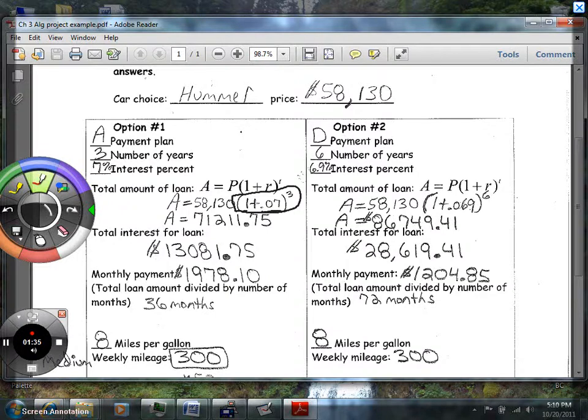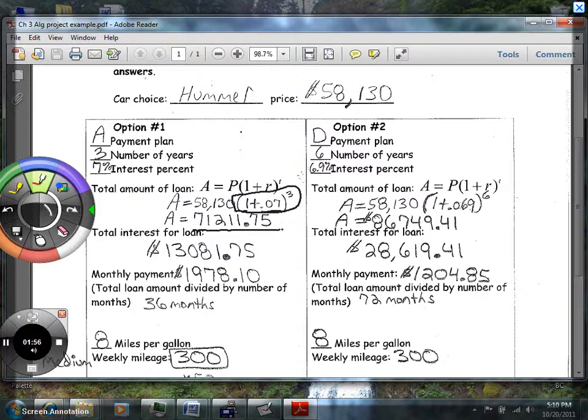Basically it's going to be 1.07 raised to the 3. Figure out what that is, and then multiply it by 58,130, and you'll get this. So this is a chunk of change right here. That's how much I'm going to pay if I get a 3-year loan for this Hummer. I'm going to pay $71,000 for this thing.